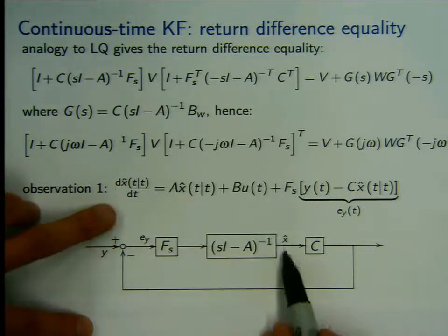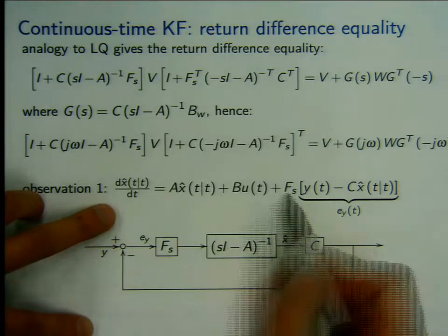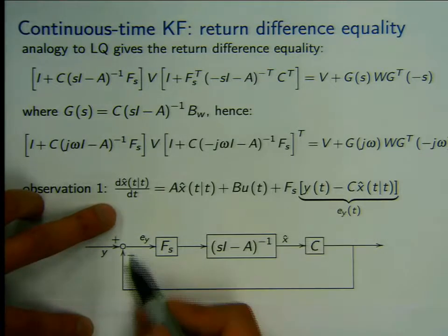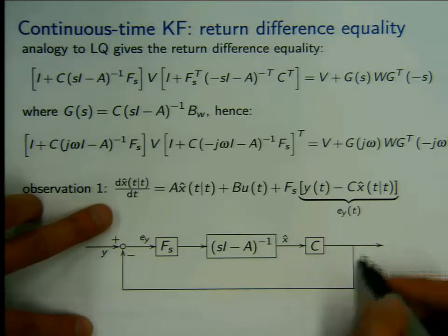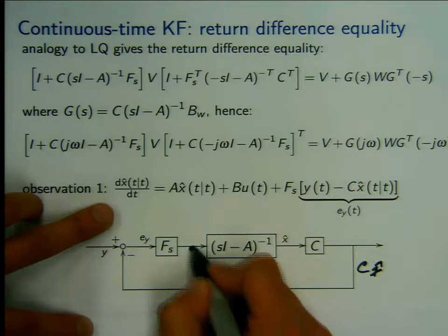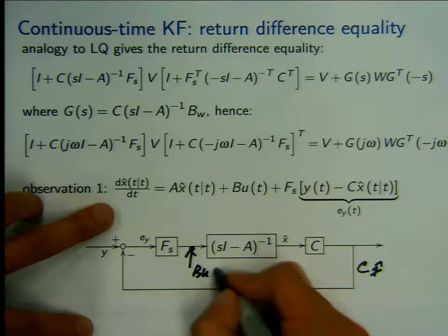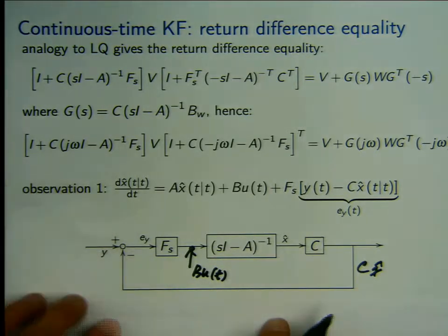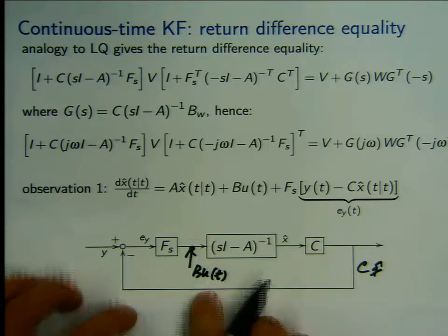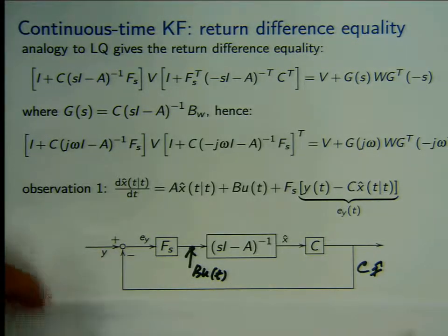We again have x hat and F times this error term, y minus C times x hat. And if I want to be more rigorous, I will have to put B u(t) here. But this is the closed-loop block diagram for the Kalman filter equation.